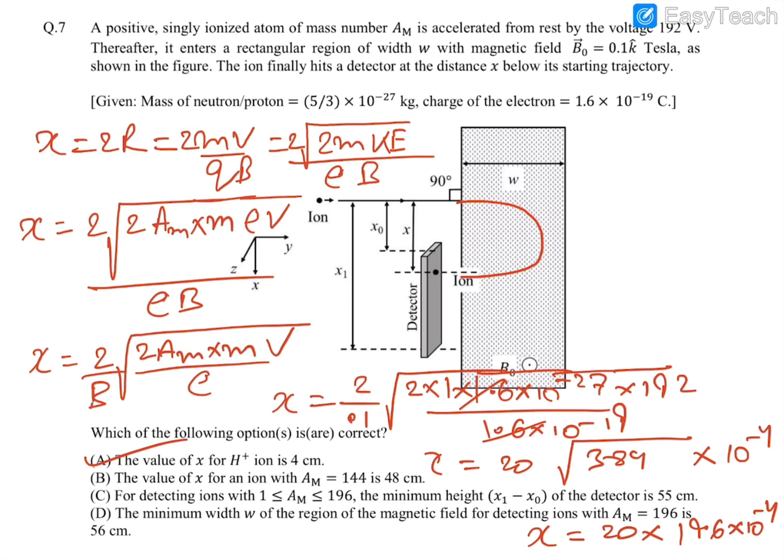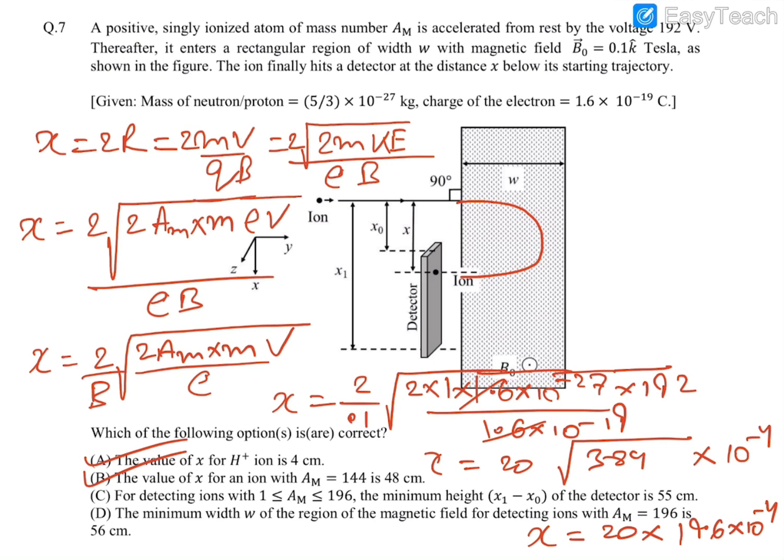Okay, and now let us move on to the second part: if the value of x for this atom is 144, so we know if AM is 144, then the root of, now in this case we have taken AM as 1, so if we put 144 here, so 12 will be the root of 144, and 12 into 4 will be 48. So B is also correct.